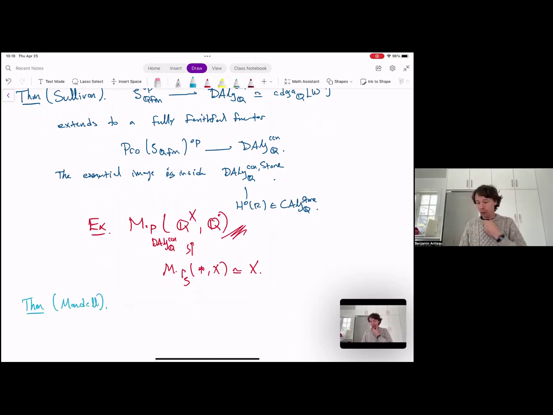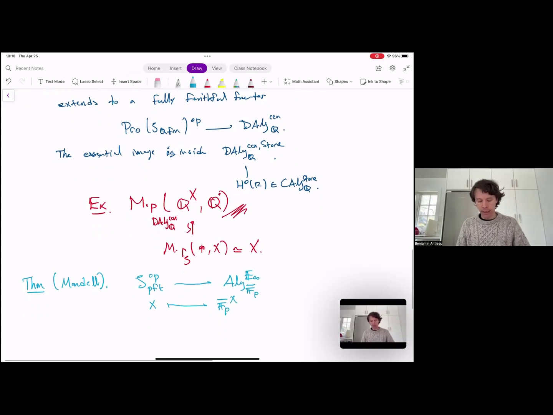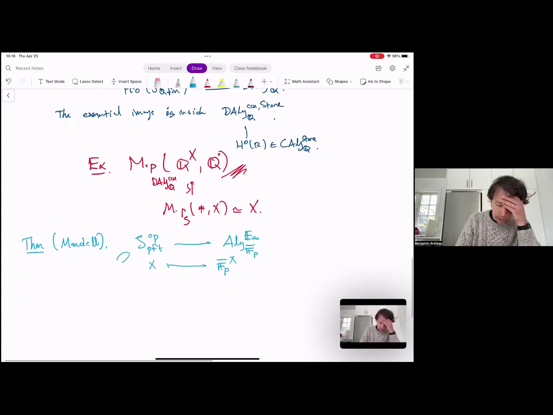It says if you take p-finite spaces, or maybe even p-finite type spaces, op, into E infinity F_p-bar algebras, sending X to F_p-bar cochains on X. And here p-finite type is inside pro-p-finite spaces.